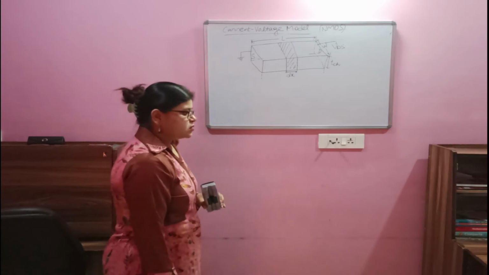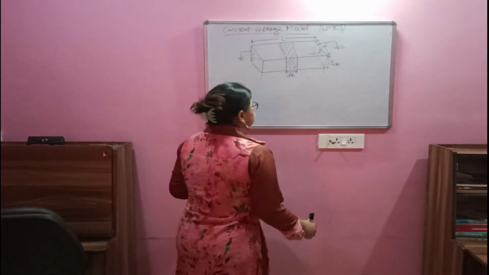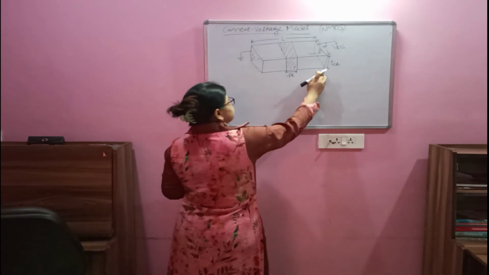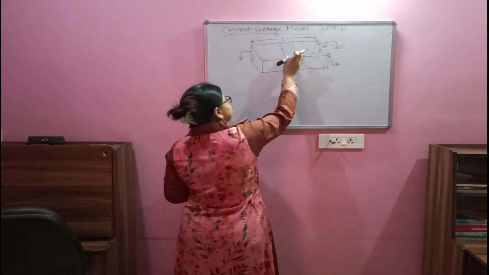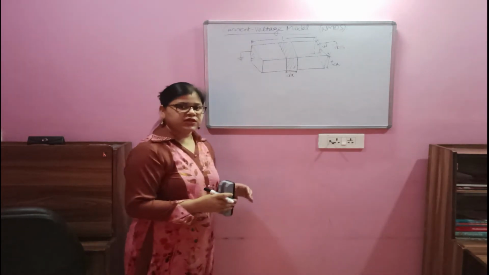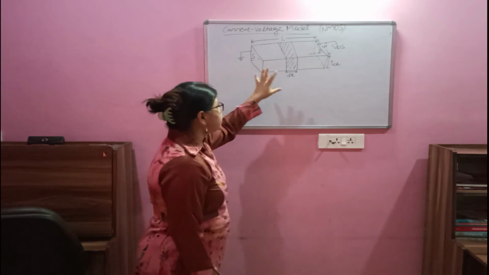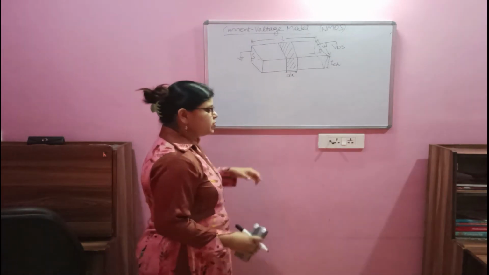If I will be able to find out the characteristic of the channel for this elementary volume, that will remain for the entire channel. So I will be doing it for this.